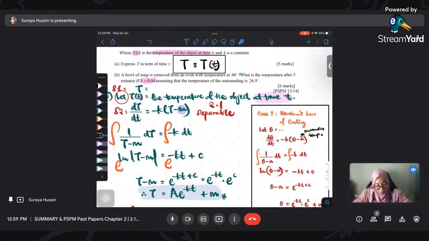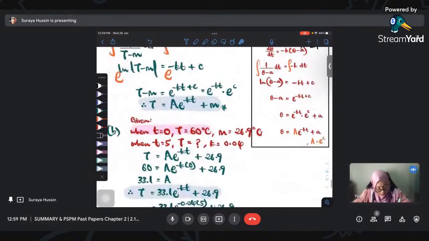Okay, the temperature is 60 degree. Ini cara tulis dia. Cara nak tulis adalah when the time is at initial, the initial yang soup tu baru keluar adalah time 0. Okay, baru nak keluarkan soup. So time 0. The temperature of the soup is 60 degrees Celsius.